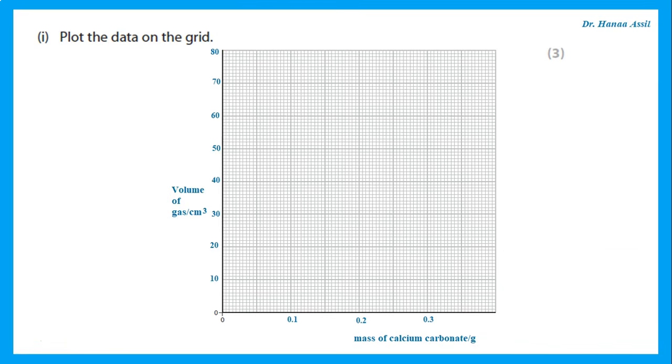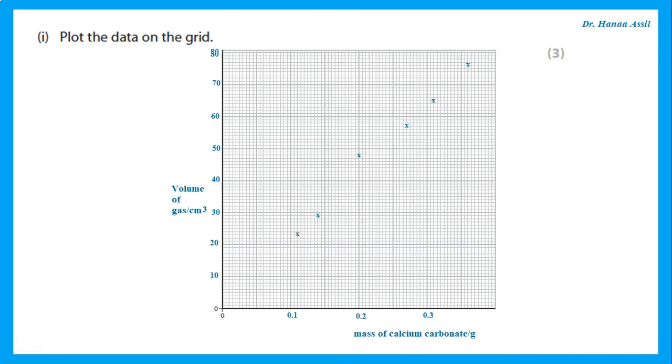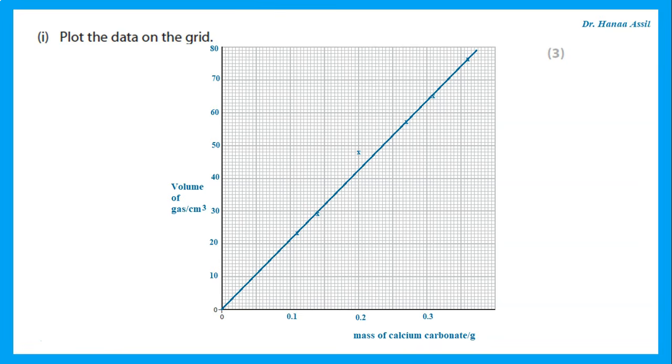We distribute the numbers equally so that we use as much of the graph paper as possible. Plot the points with small x's. Join with, in this case, a straight line going through the origin, and there is a point away from the line which is anomalous, so we do not include it. We draw the line ignoring that anomalous result. So this is the graph that we should have.